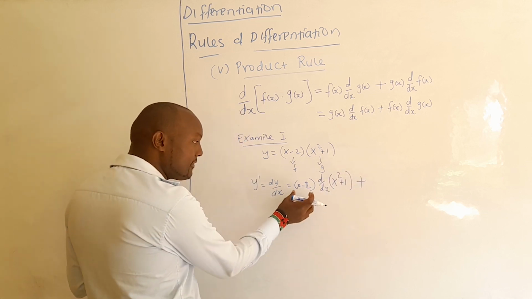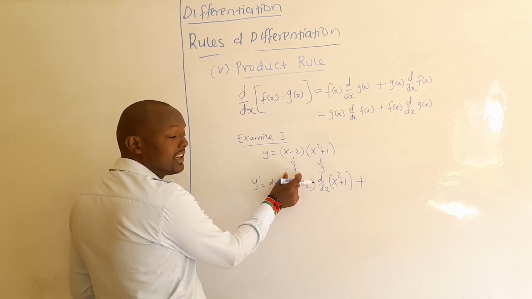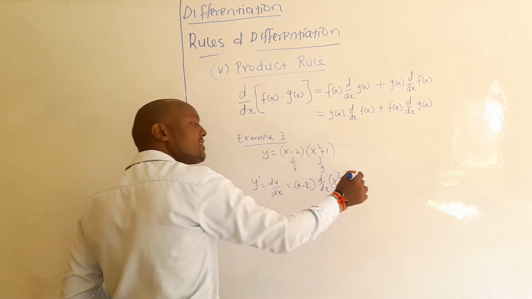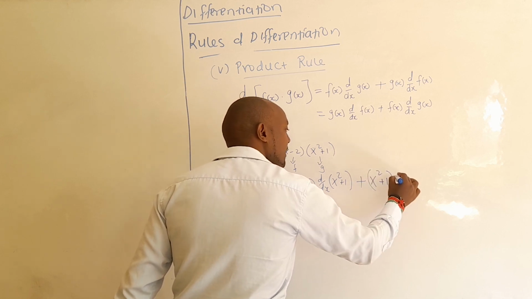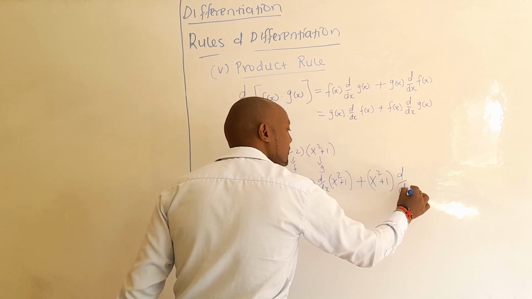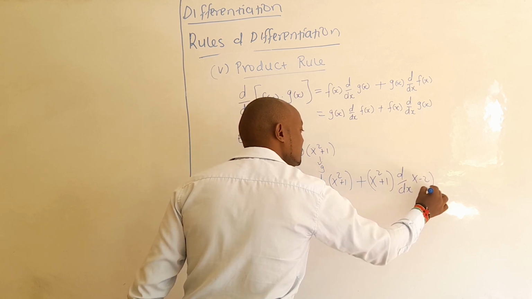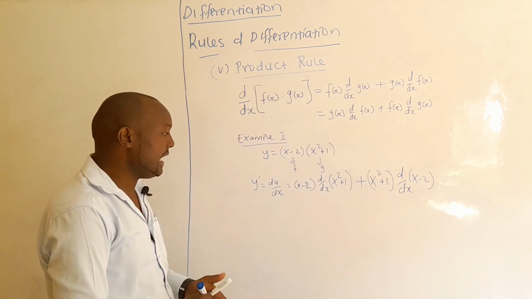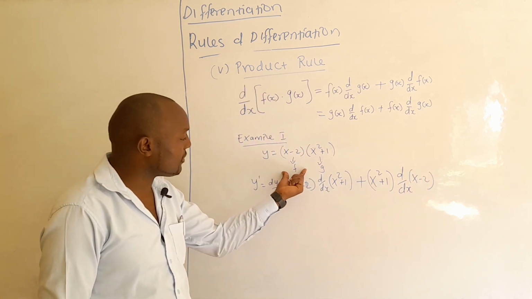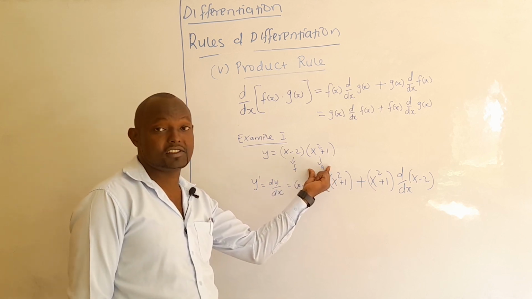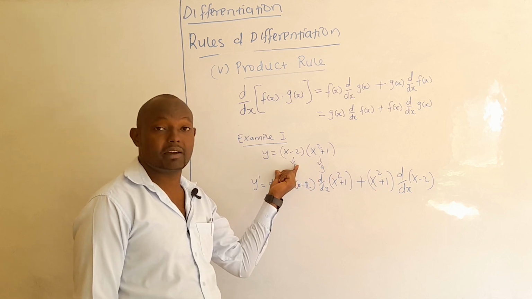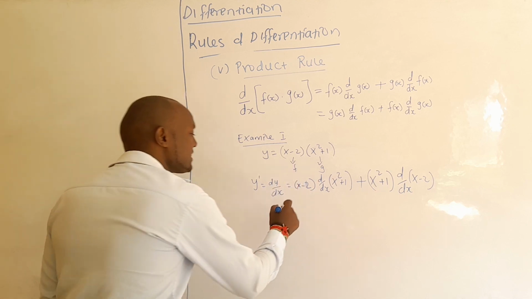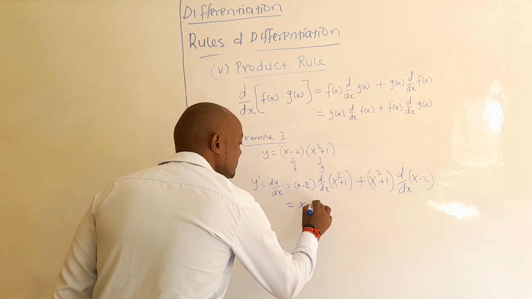Then, since I have treated my f as constant, the next time I treat my g as constant, then I differentiate my f, which is x minus 2. I hope this is clear. I have treated f constant, I have differentiated g. Now I treat g constant, I differentiate my f. And now the answer will be very simple, x minus 2.